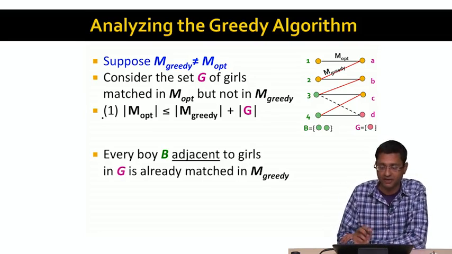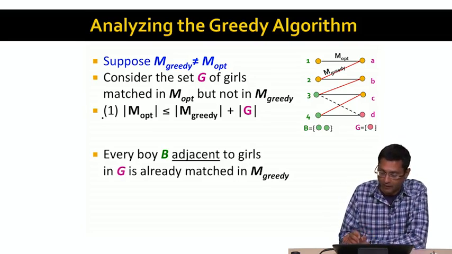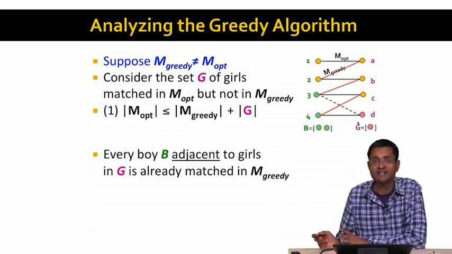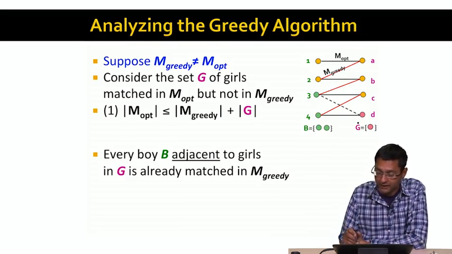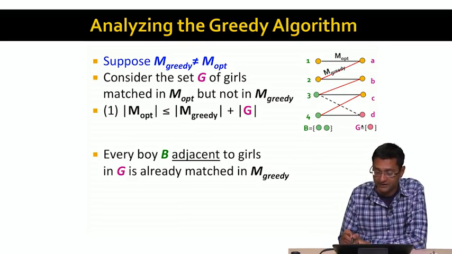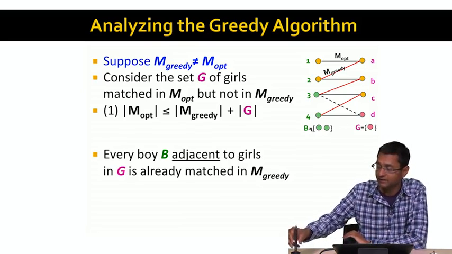Now, the second observation that we make is that every boy B in the set B that's adjacent to the girls in G is already matched in M greedy. Why must this be the case? Suppose there is a boy B adjacent to the girls in G that is not matched in the greedy matching.